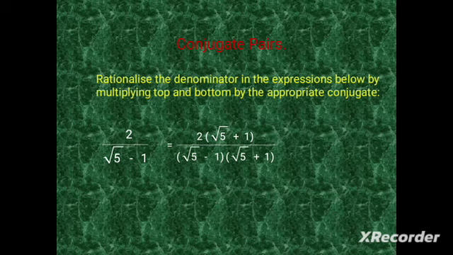Now, in this case, we multiply both the denominator and the numerator by the conjugate pair of the surd given in the denominator.